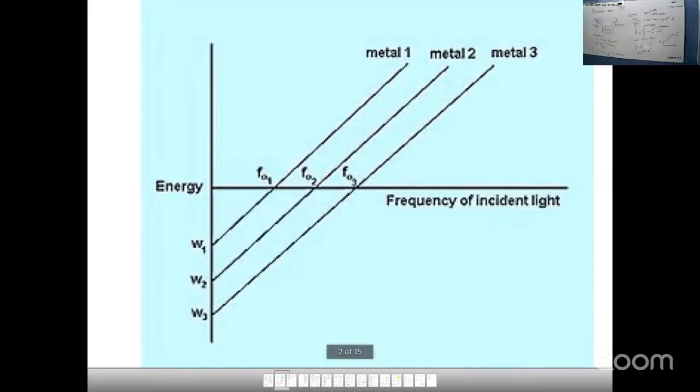Focus on one of the lines. What does the graph say?